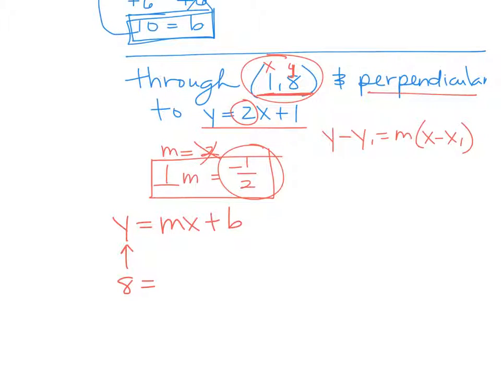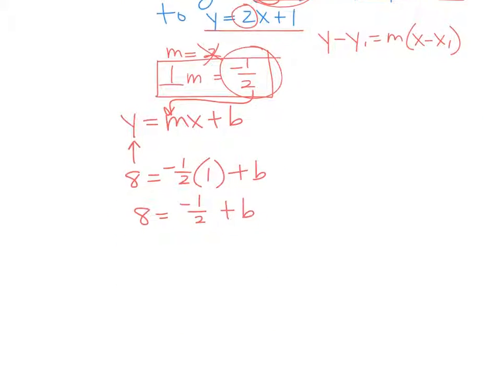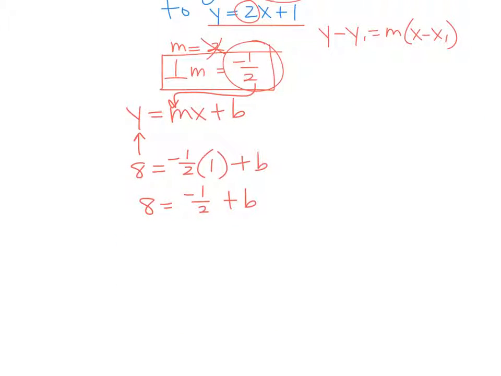What's m? Negative 1/2. What's x? 1. X is the 1 up top, right? This guy here. And then plus b. Okay, so if we simplify that, 8 equals negative 1/2 plus b. How do I move that 1/2 over? You're going to add it. It's a negative, so add it.